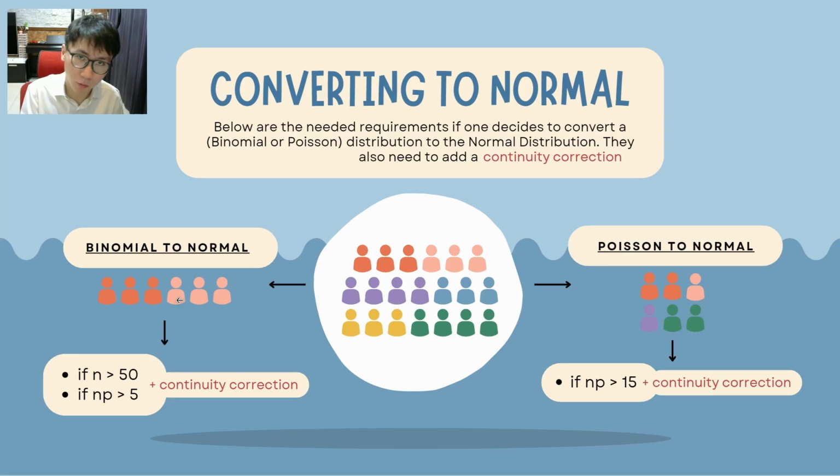These two are requirements. If one of them is not fulfilled, that means we don't use the normal distribution. And if they are fulfilled, don't forget to add the continuity correction. And then if we want to convert a Poisson to a normal distribution, if the lambda or the np is more than 15, that means it's suitable. And we need to add a continuity correction after that as well.